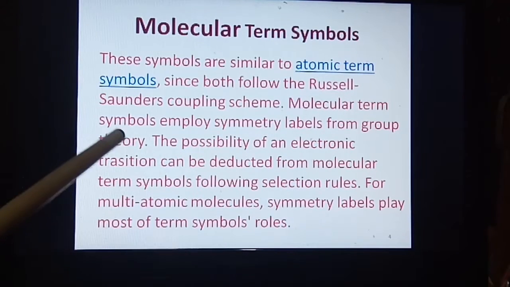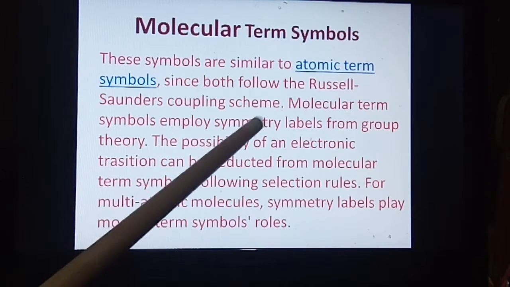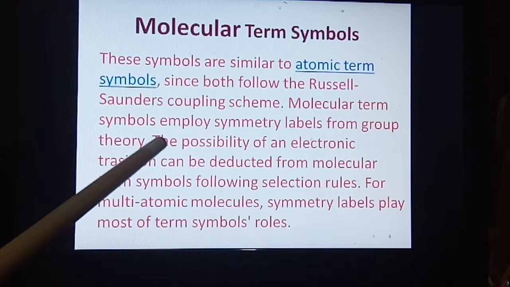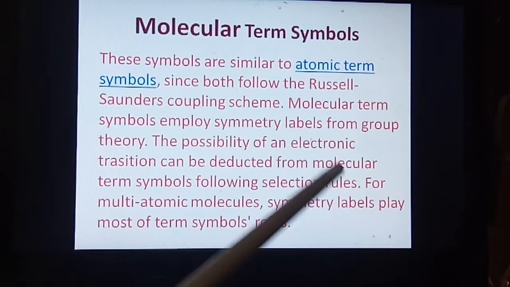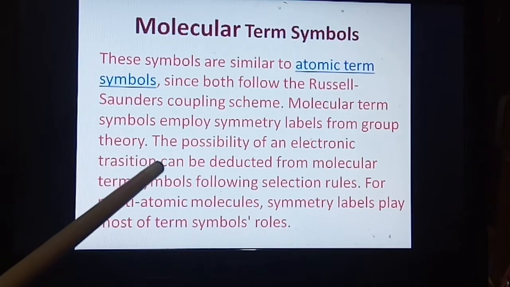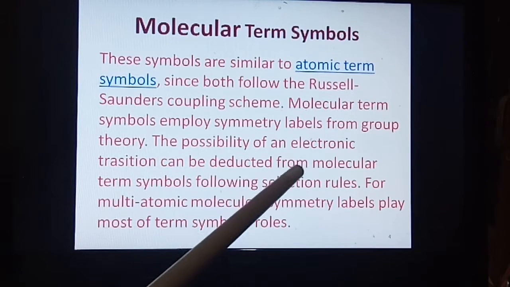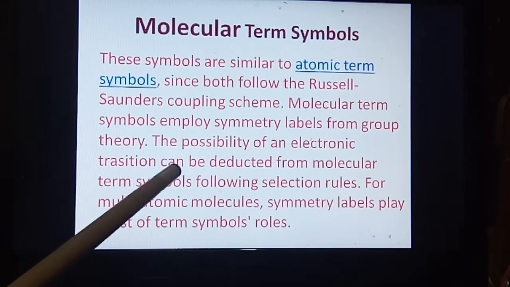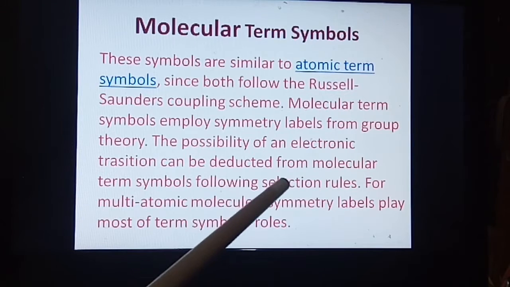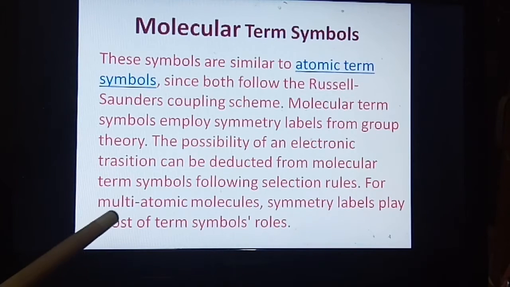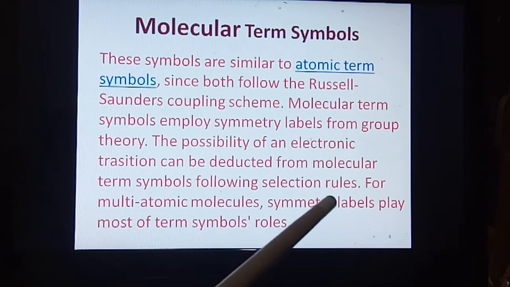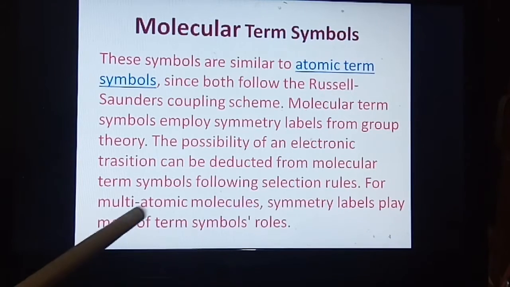The molecular term symbol employs symmetry levels from group theory. The possibility of an electronic transition can be deduced from molecular term symbols following selection rules. For multi-atomic molecules, symmetry levels play most of the role of term symbols.